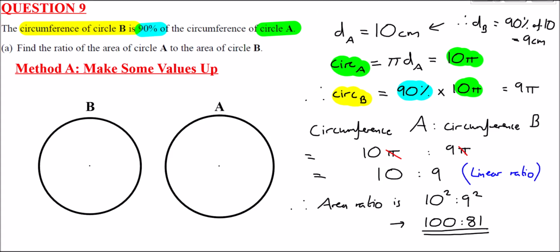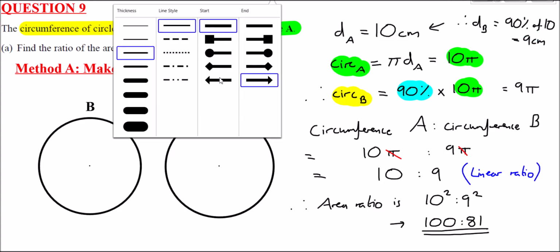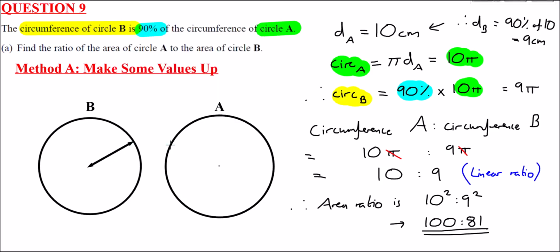Just showing you another way before we move on to the second way. So diameter of A is 10, that would mean the radius of A would be 5. And the diameter of B is 9, the radius is always half of the diameter, so the radius of B would be 4.5.